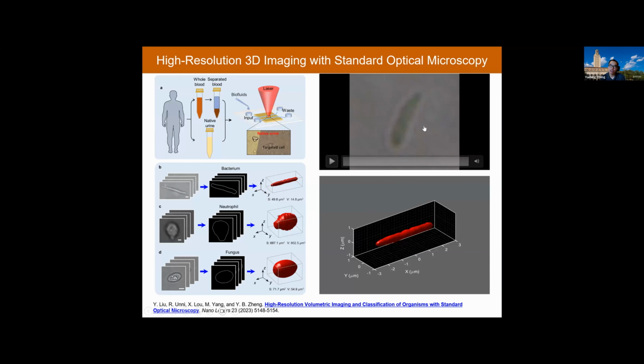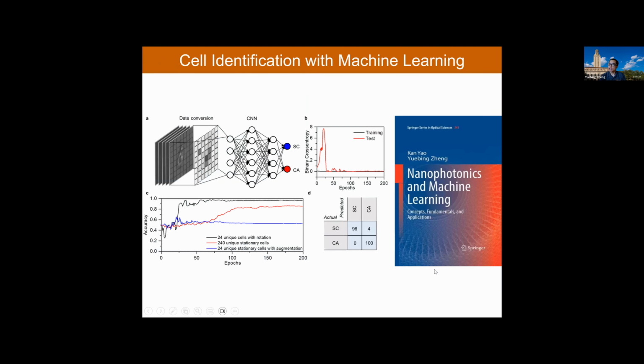But using a standard microscope, we can circumvent the limitation in 3D imaging by rotation. So we can rotate it and image at the same focus plane, but we can reconstruct the back, so we can get 3D images.